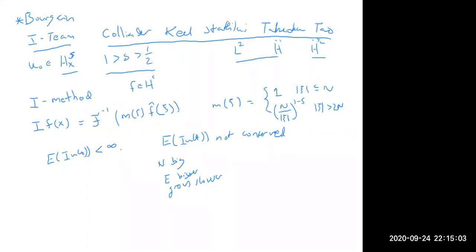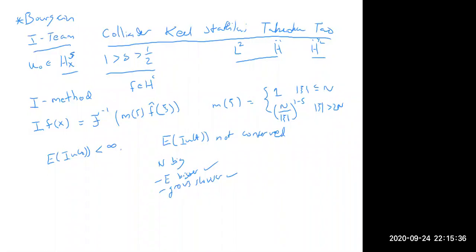So what happens is you get this kind of tug of war developing between these two things: the fact that E is big, which is not good, but the fact that it's slowly growing, which is good. So the question is, which side's going to win? And it depends on the S. If S is very close to 1, then E's not going to get that much bigger for N big, but growing slowly is going to help.